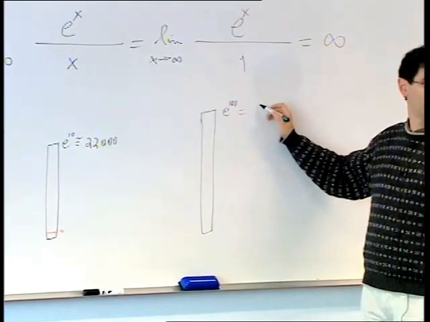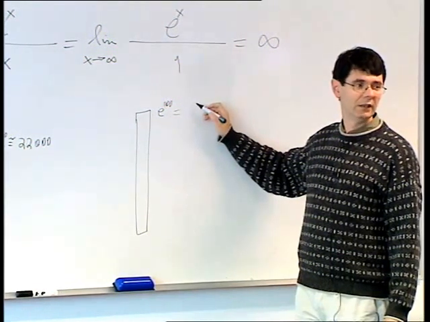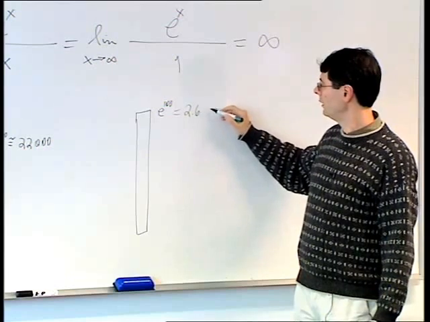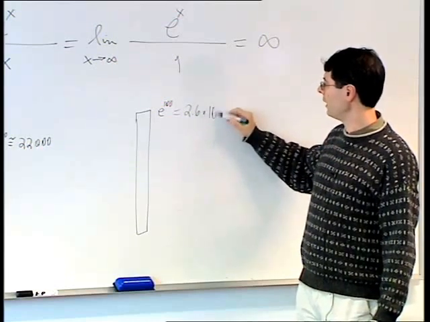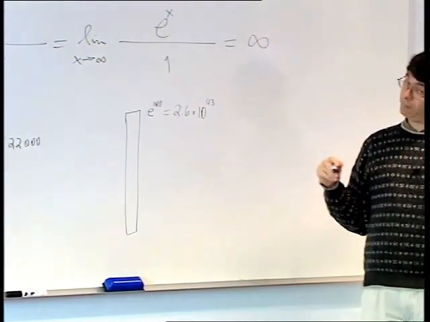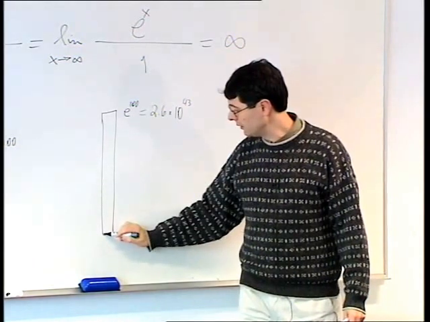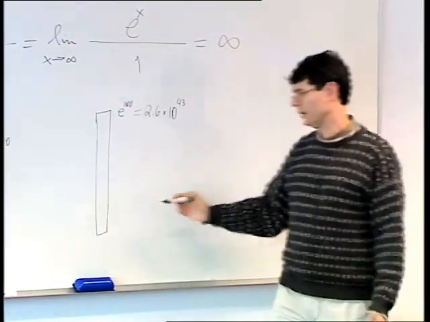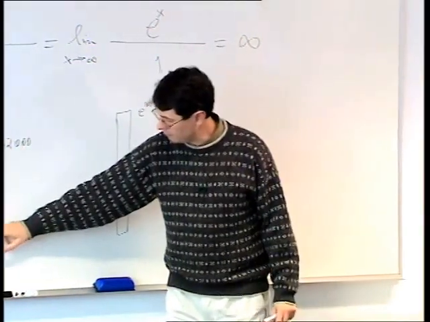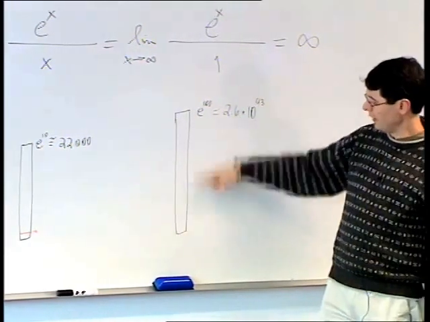Did it blow up the calculator? 2.6 times 10 to the power 43. Now 10 with 43 zeros following it. It's pretty big. And here you are at 100. But look, honestly, even though 100 is 10 times bigger than 10, in terms of a proportion, it wouldn't even register in here.